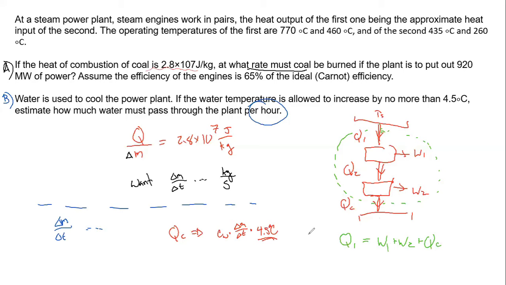In between that and the efficiencies, really briefly, you have E1 is defined as work 1 over Q1. That's great. So you can eliminate that because you actually have a number for this. And likewise, E2 is equal to work 2 over Q2.